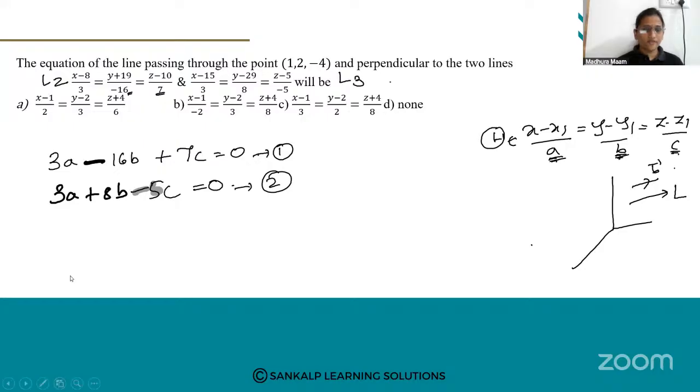But if you have 3 variables, you can take the help of a determinant.